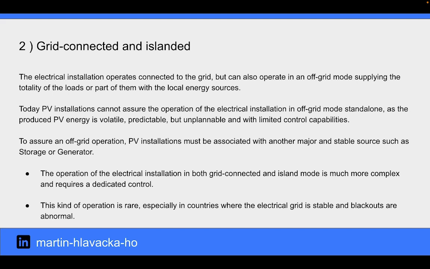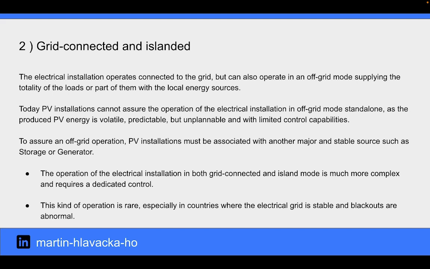Today, PV installations cannot assure the operation of the electrical installation in off-grid mode standalone, as the produced PV energy is volatile, predictable, but unplannable, and with limited control capabilities. To assure an off-grid operation, PV installation must be associated with another major and stable source such as storage or generator.